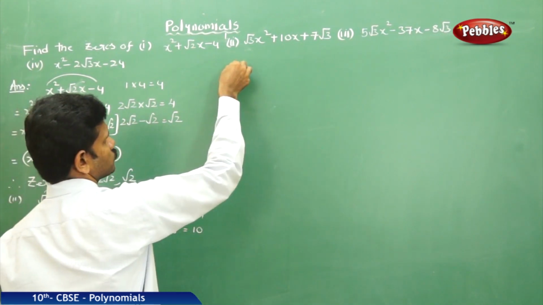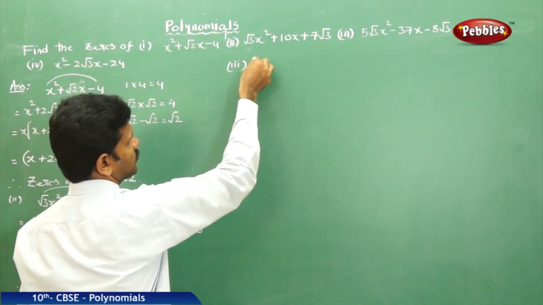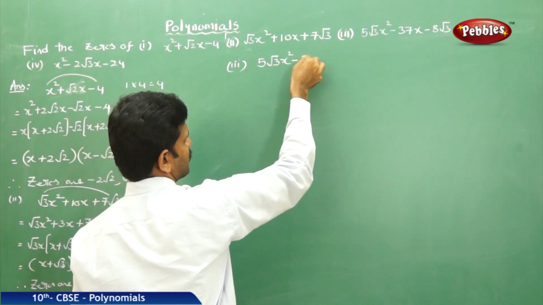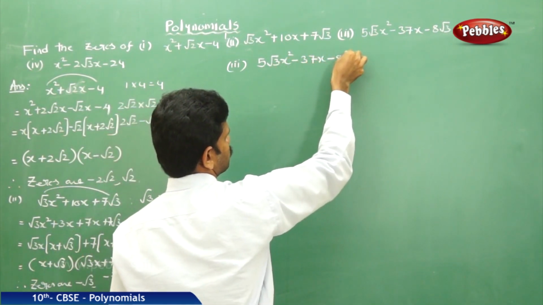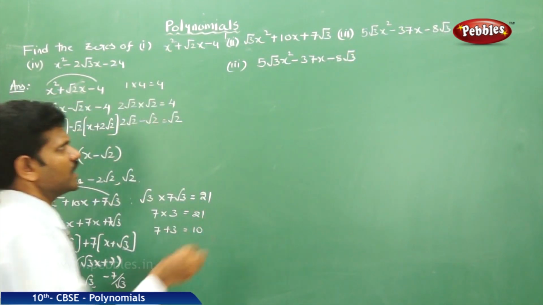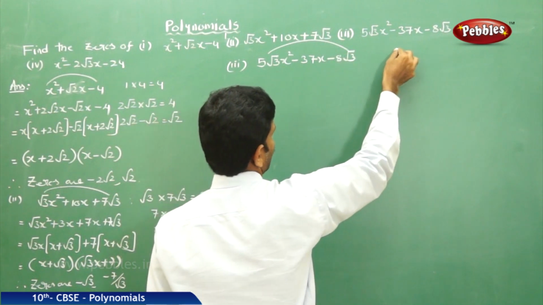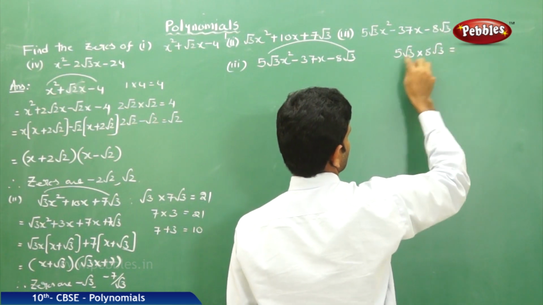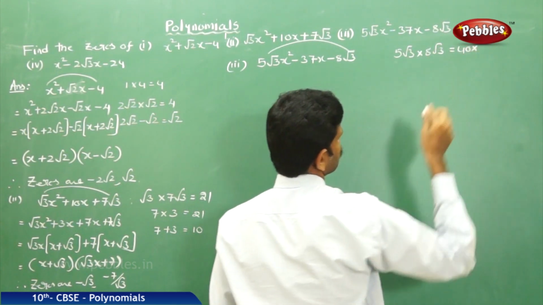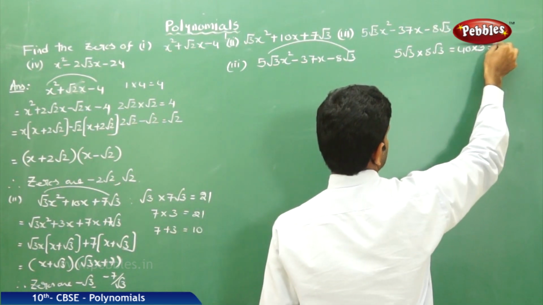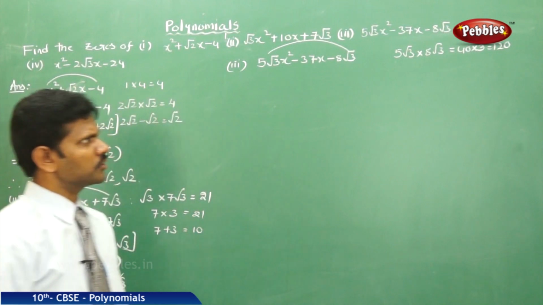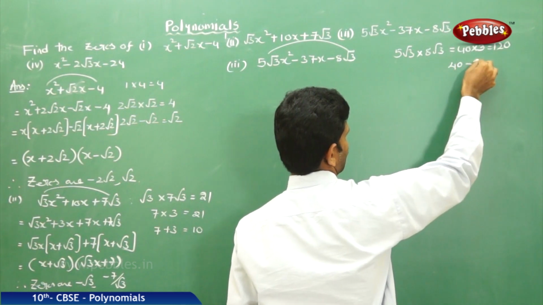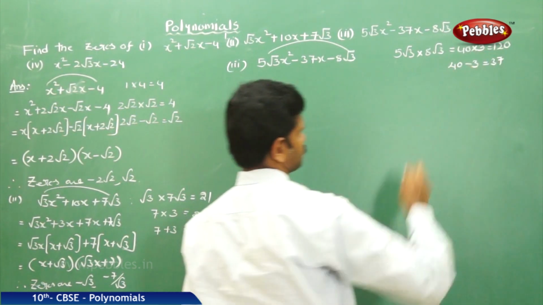Now please come to question number 3, that is 5 root 3 x square minus 37x minus 8 root 3. Again, first give the mapping. 5 root 3 into 8 root 3, that is equal to 5 8s are 40 into 3, that is equal to 120. For 120 you have to find out the factors. Subtraction will give you 40 minus 3, 37.